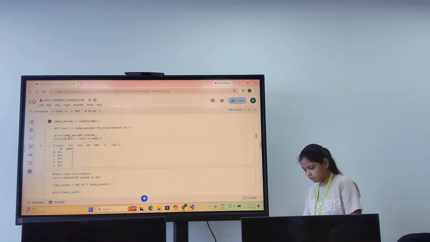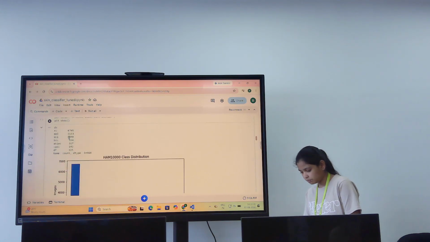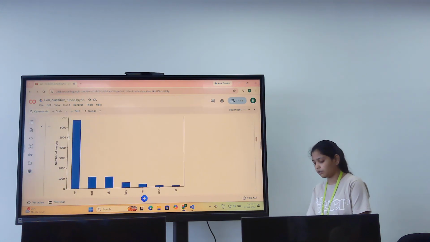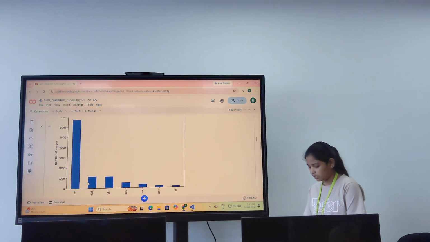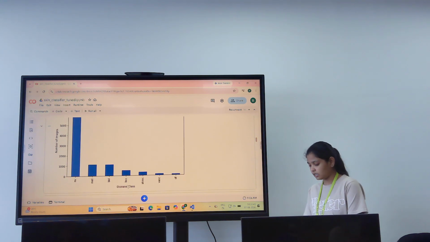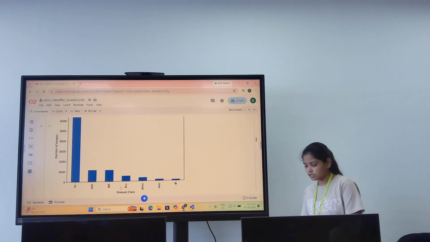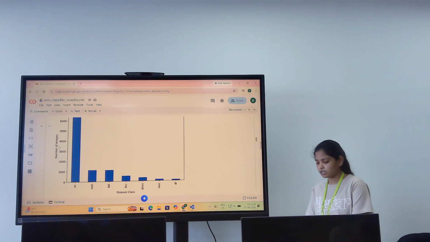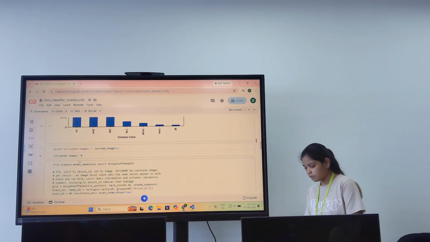Here I have done my label encoding. From this graph, the x-axis is the disease classes, and the y-axis is the number of images which belong to those disease classes.